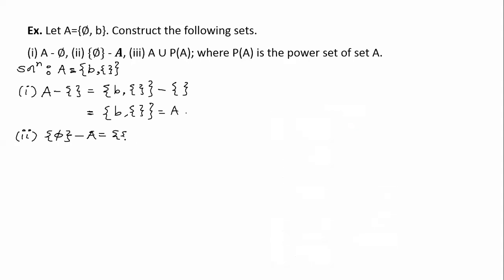Set A contains two elements, B and the empty set. So this is equal to, what do you think? The empty set is in both, so that is to be dropped out, and that will be a singleton with element B. So this will be the answer.